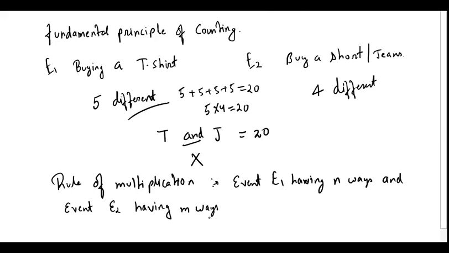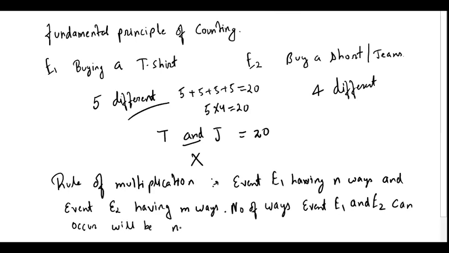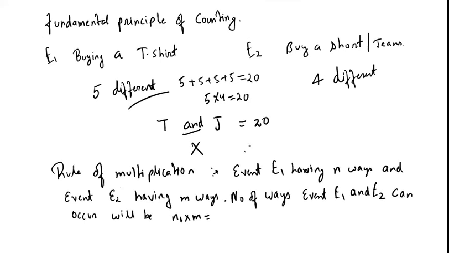So the number of ways event E1 and E2 can occur will be n into m. Got it everyone? Yes. So this is the rule of multiplication.